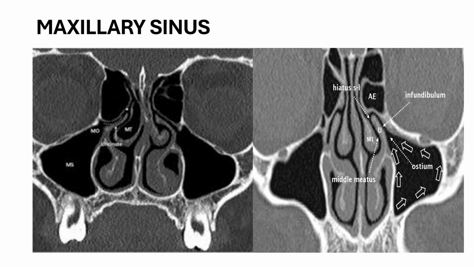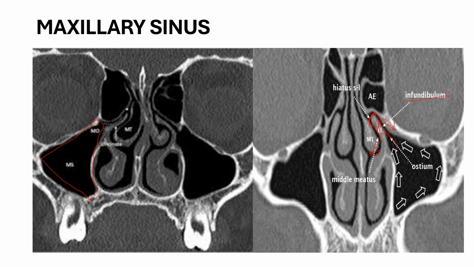The maxillary sinus is a paired, pyramid shaped, air filled cavity, as we can see here. It lies within the maxillary bone and drains via the maxillary ostium into the infundibulum, and then through the hiatus semilunaris into the middle meatus.